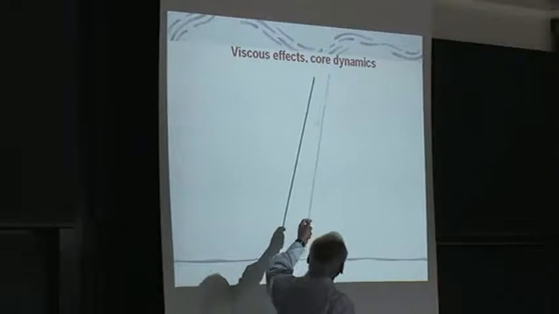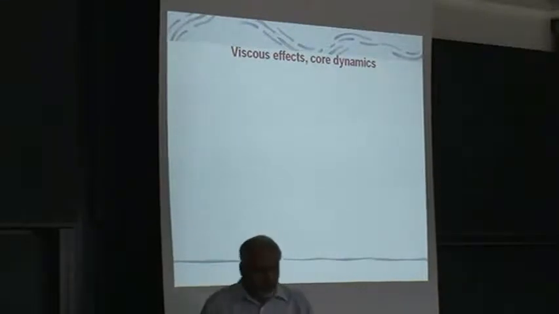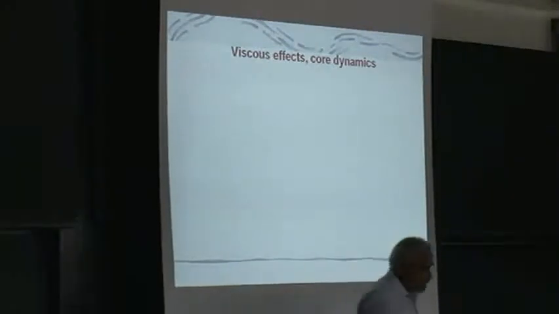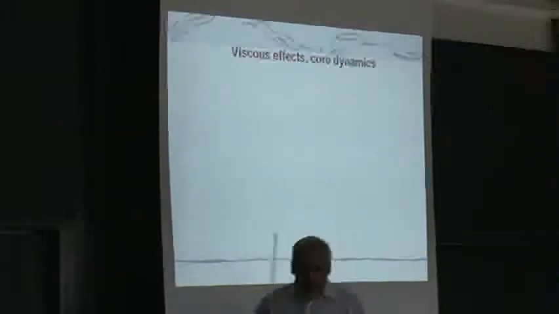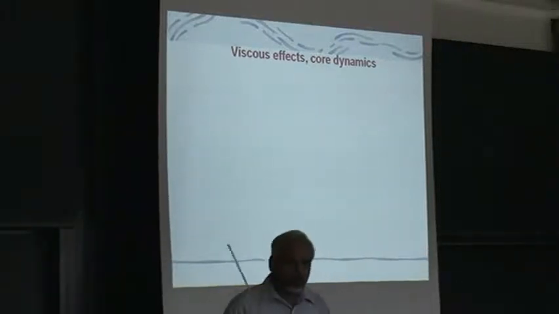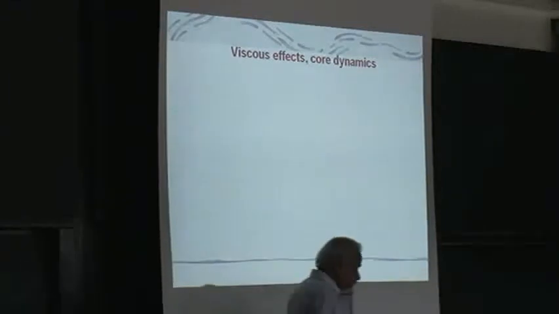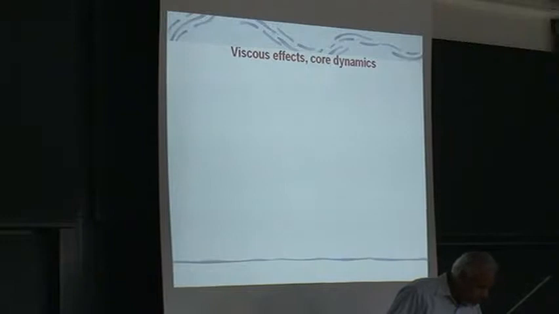And furthermore, these vortices, at least the ones you saw on the trailing edge of the aircraft, have a significant core, and how in fact the finite core plays a role is a very important topic, and this is part of the work that Professor Hussain has done at some length.